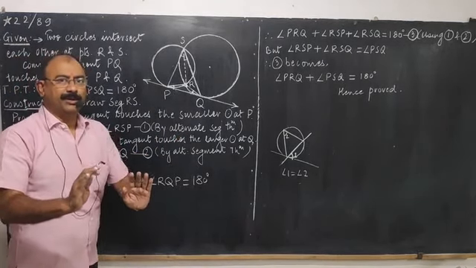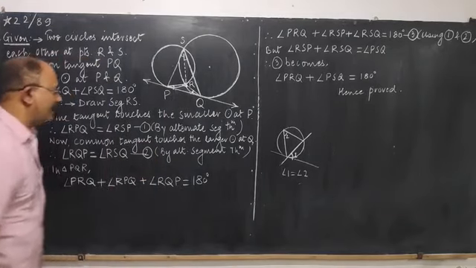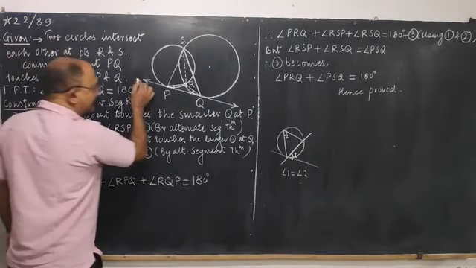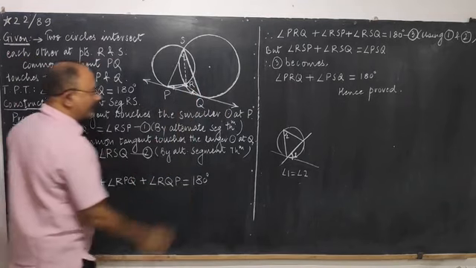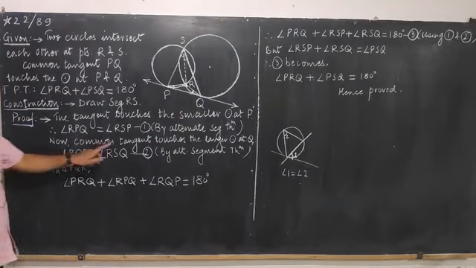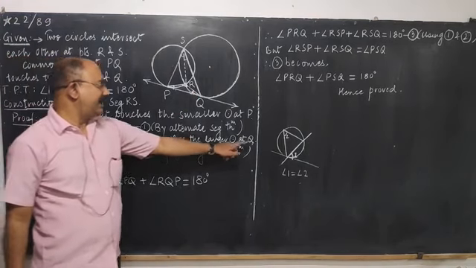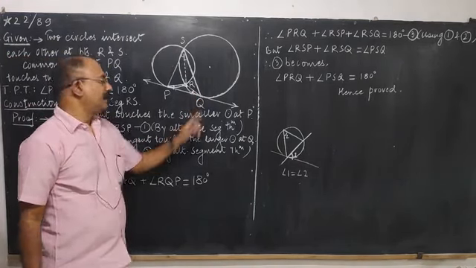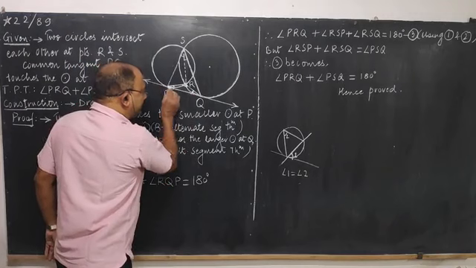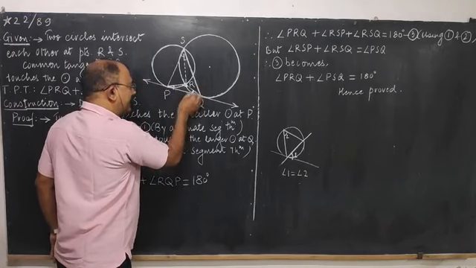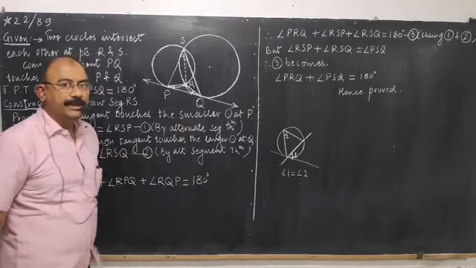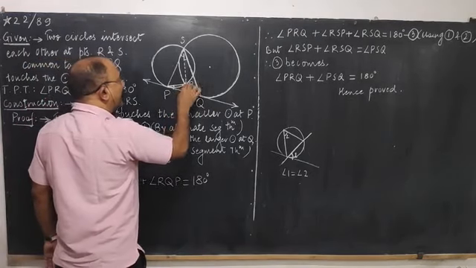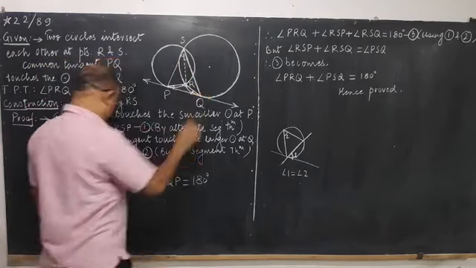Same theorem we are going to apply in the larger circle also. This common tangent is touching the larger circle in point Q. Here we have written common tangent touches the larger circle at point Q. The angle between the tangent and this is the secant drawn through the point of contact. This angle will be congruent to angle RSQ.